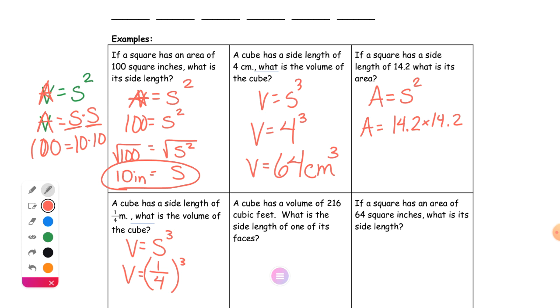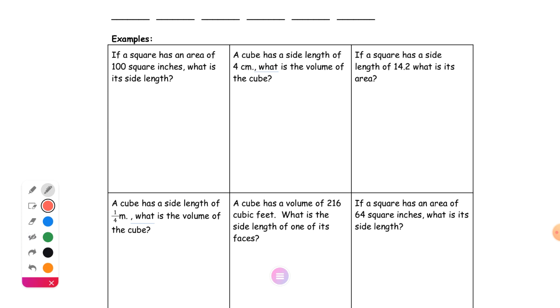So anytime I'm cubing something, what does that tell me to do? Up there, 4 cubed. What did that tell me to do? Multiply that number by itself 3 times. What is my number that I need to multiply by itself? 1/4. So my next step, and I can't move up without erasing. I mean, that's not what I want to do.